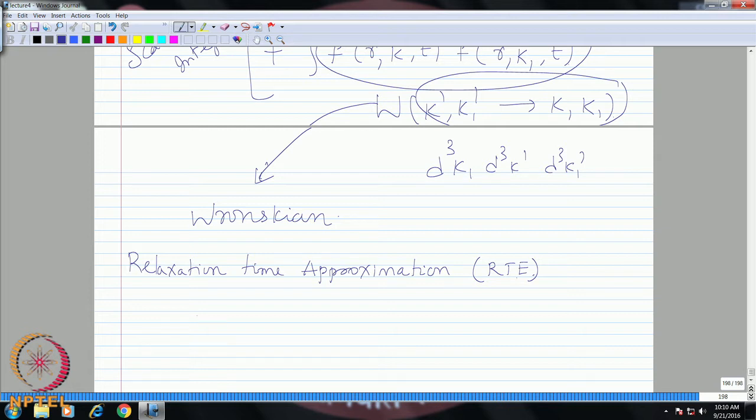What they say is that your entire scattering or collision term on the right hand side can be simply expressed as a change from the equilibrium function. So, we can write this as f minus f equilibrium divided by some time scale tau.